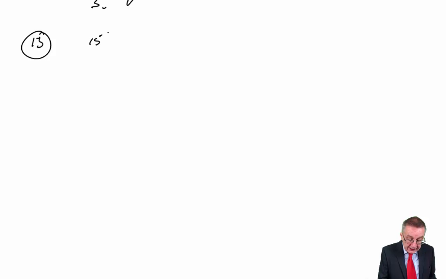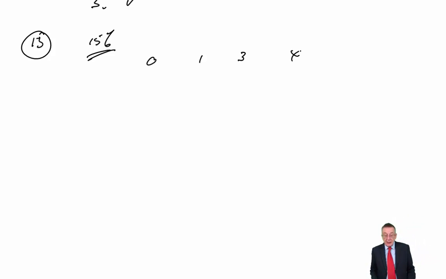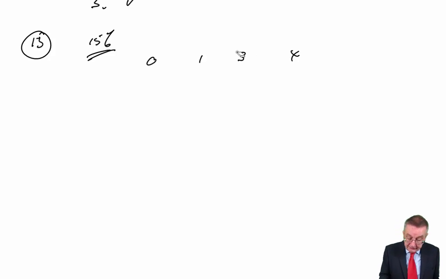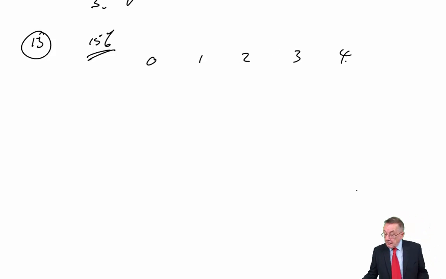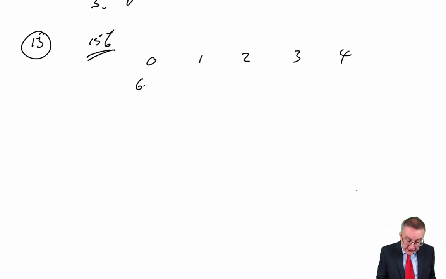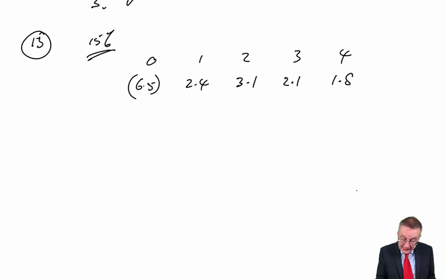At 15%, I wouldn't write everything down in the exam. I really wouldn't. I'm writing it down here, then you can follow me. But you should be able to do most of it straight on your calculator. But the flow, 6.5 outflow, 2.4, 3.1, 2.1, 1.8.